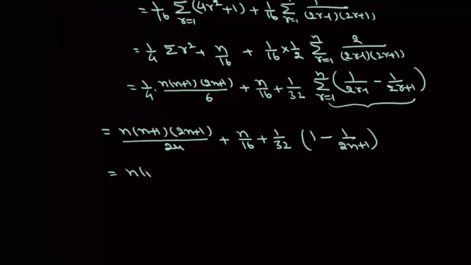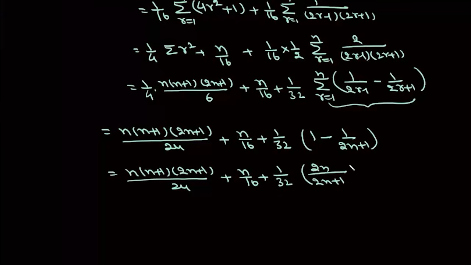So it will be n (n plus 1) (2n plus 1) by 24, plus n by 16, plus 1 by 32 into (2n plus 1 minus 1) upon (2n plus 1). So there will be 2n upon (2n plus 1).